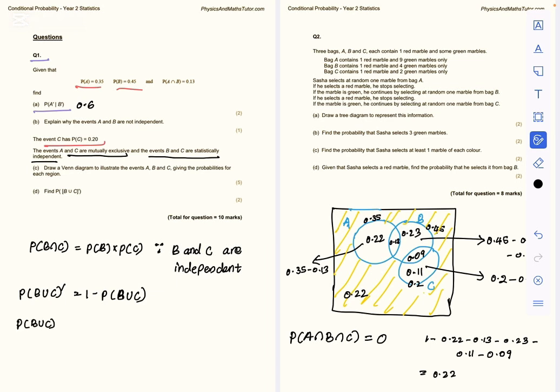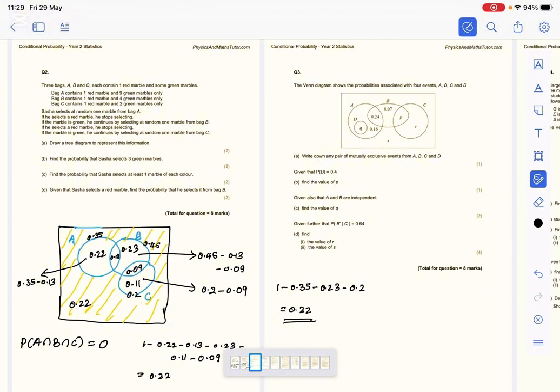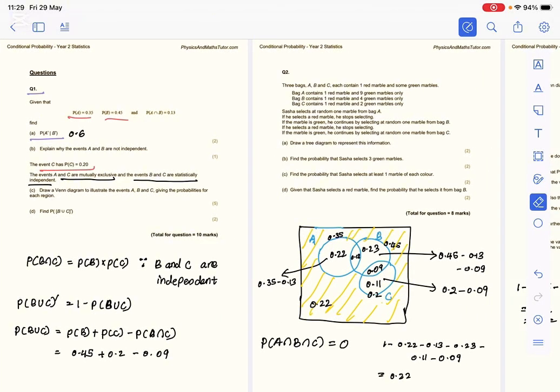Probability of B or C you can get from the addition rule: probability of B plus probability of C minus probability of B and C. Probability of B is 0.45 plus 0.2 minus 0.09, the common probability between B and C. So this gives you 0.65 minus 0.09, which is 0.56. Now, this is not what they are looking for. They want 1 minus 0.56, so 0.44 will be the answer.